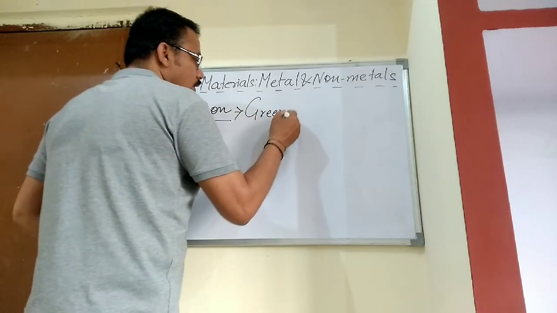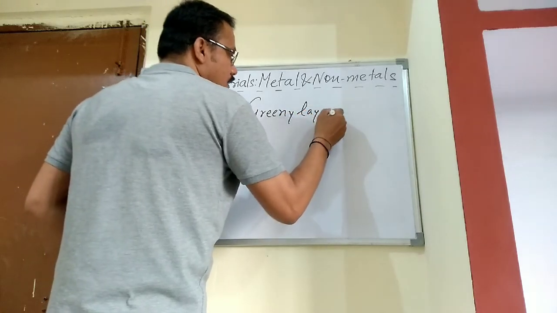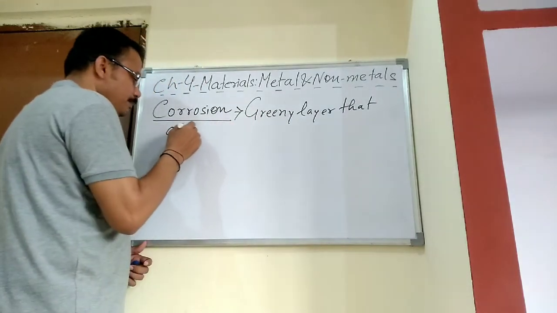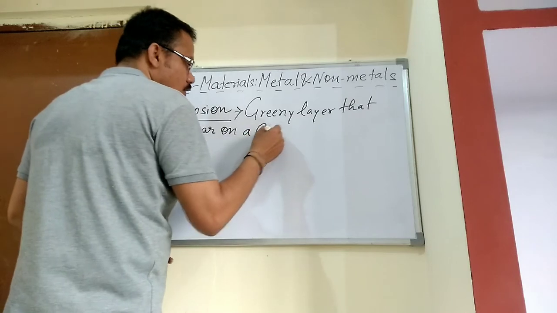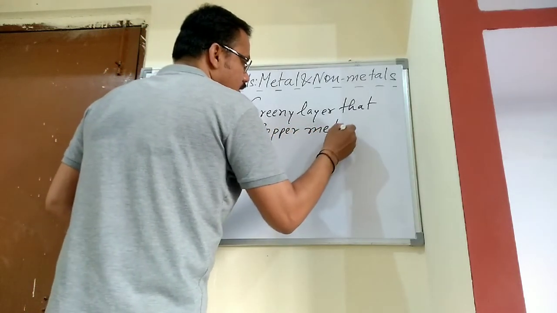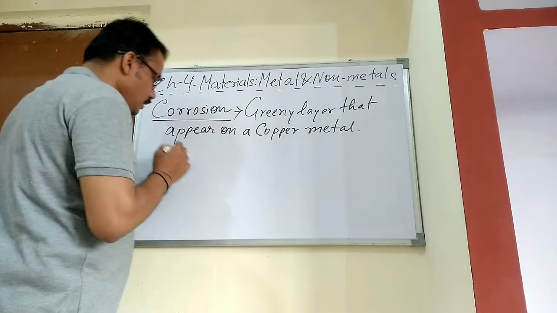The greenish layer that appears on a copper metal is called corrosion.